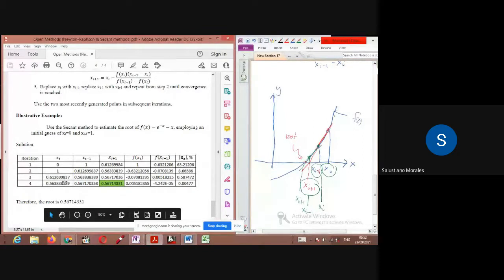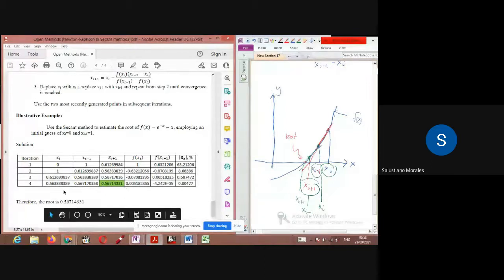So, and then third iteration, so ganun pa rin yung pag-move ng value natin. So xi should be the new value of xi plus 1. Xi minus 1 should be the latest value of xi. Compute for the values of the function for the new values of xi and xi minus 1 to come out now with 0.5671 as the value of xi plus 1. The value of EA is still 0.58 or 59%, higher than 0.5 if our stopping criterion is set as n is equal to 2.